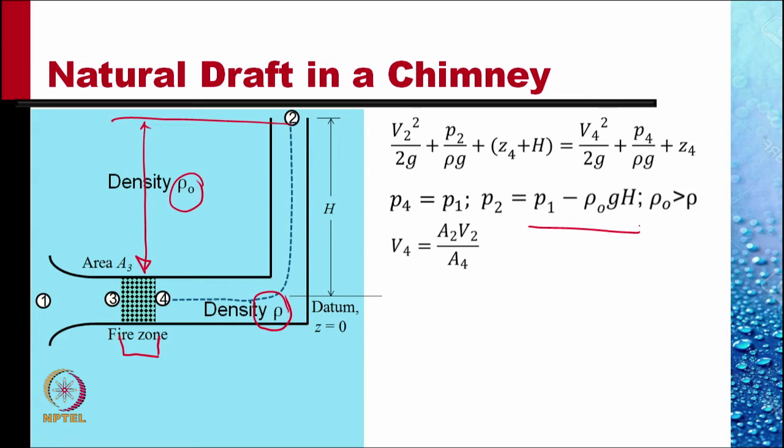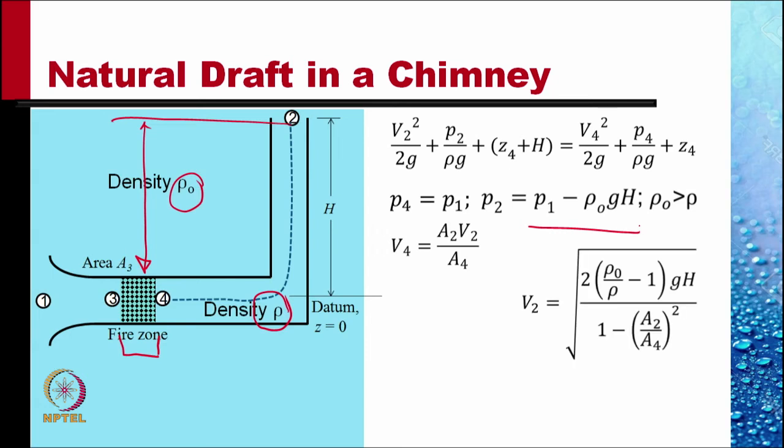Then V4 is A2 V2 by A4. If we plug in the values in the Bernoulli equation, we get V2, the velocity at the exit of the chimney, to be this expression.